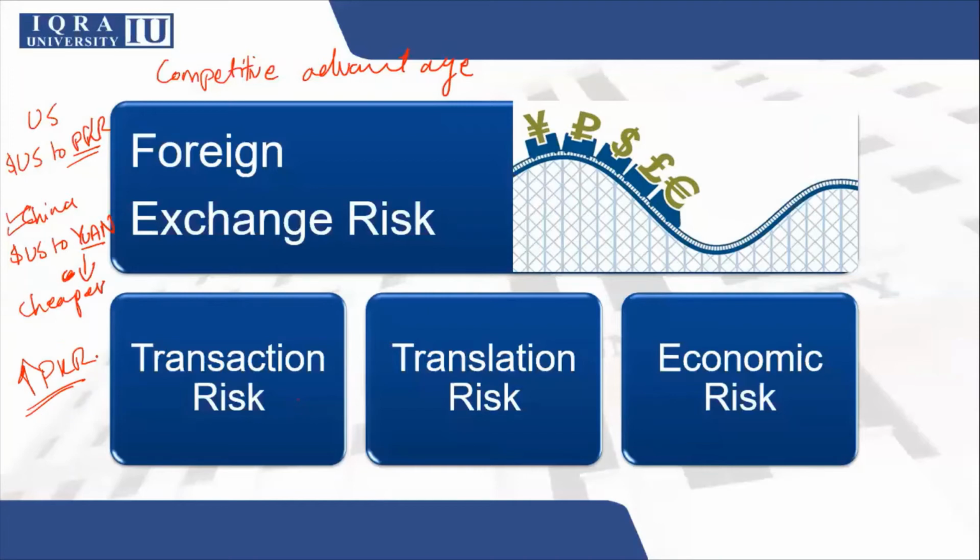And so you will suffer, even though you are not directly trading in foreign currency, but because your industry has suffered because of the PKR becoming more expensive, people would prefer other tourist locations. So again, competitive advantage is very important, and foreign exchange movements might indirectly have an impact on your economic risk.